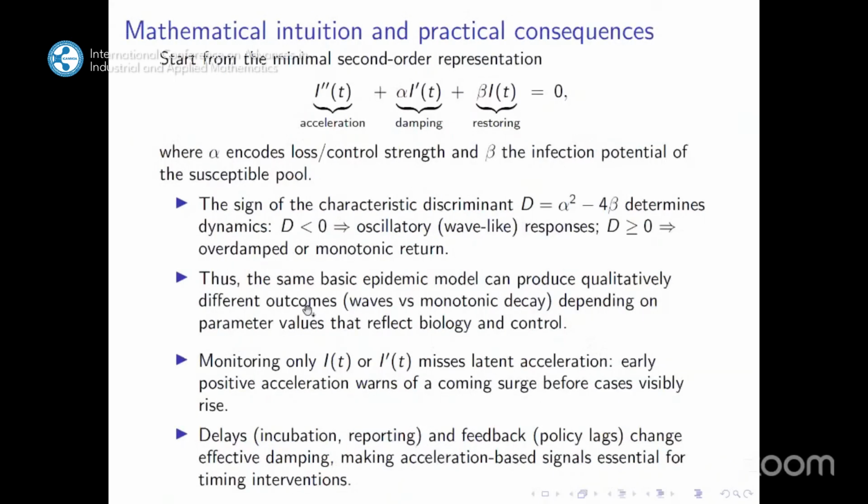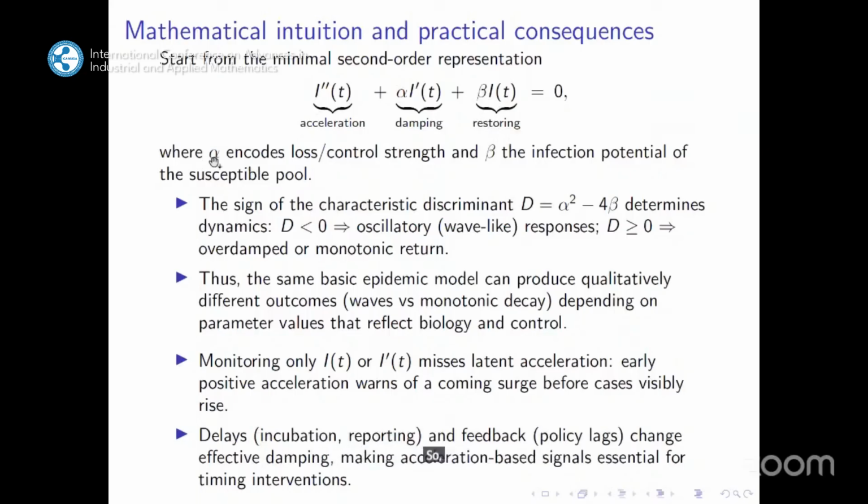So we know the mathematical intuition and practical consequences. We have the second-order representation. The first term is the acceleration, the second derivative. Then the first derivative has the damping term, and then the last one is the restoring term.